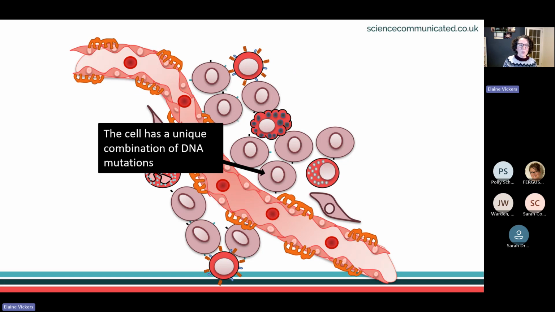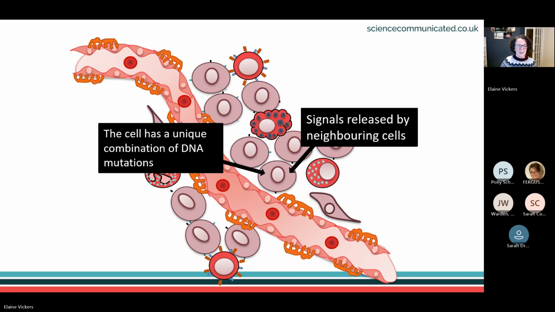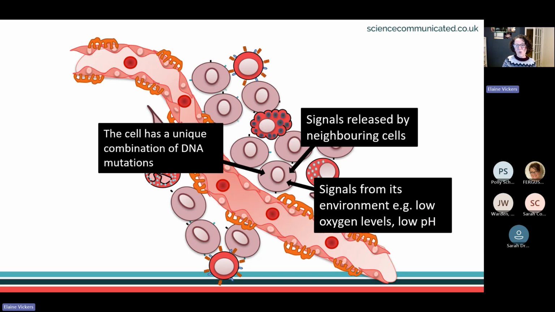And so you end up with each individual cancer cell being unique in terms of its mutations, in terms of its access to oxygen, access to nutrients, access to blood supply. Each cell is unique. And some cells are more resilient, more attached to one another, less attached to one another.